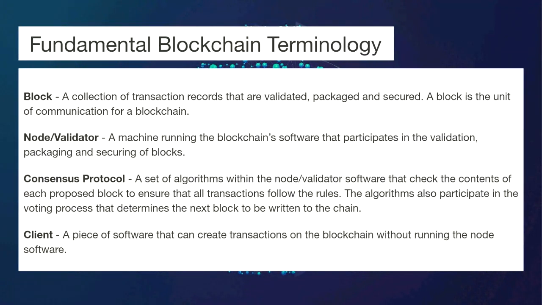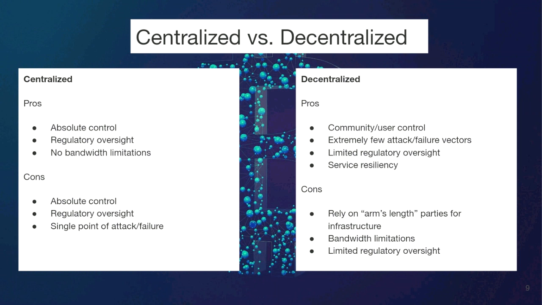Now, we also talked about some pros and cons of centralized versus decentralized systems. You know, some of these key points about absolute control and how some control is often good, but too much control is a bad thing. And how each of these characteristics requires a balance. Limited regulatory oversight. We don't want too much regulation, but no regulation can also be a bad thing too.